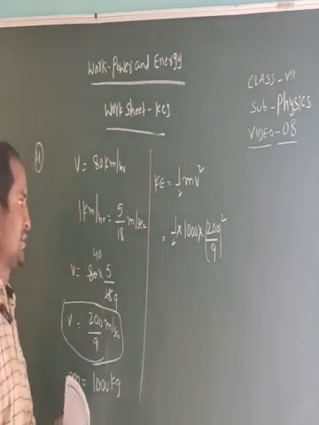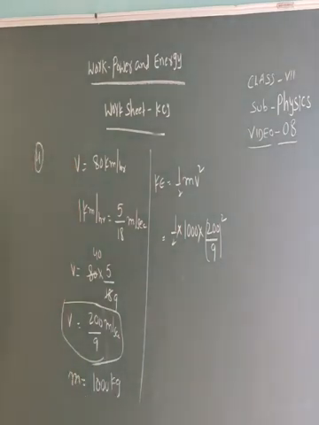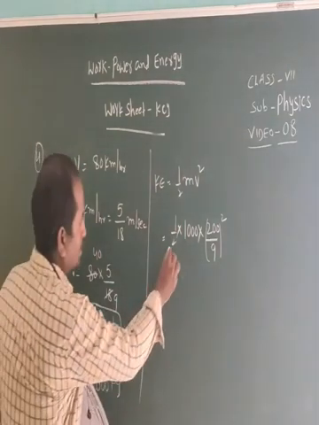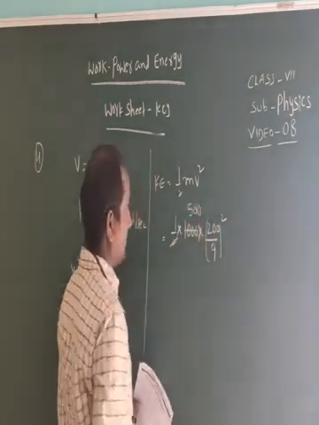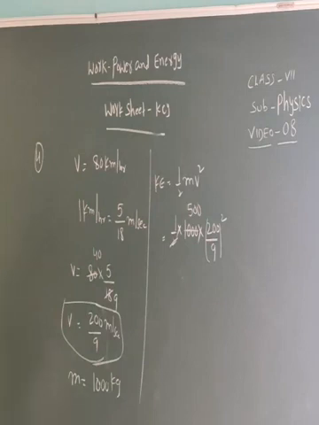Here 2 ones are 2, 2 into 500 is 1000, so 500. And 200 into 200.